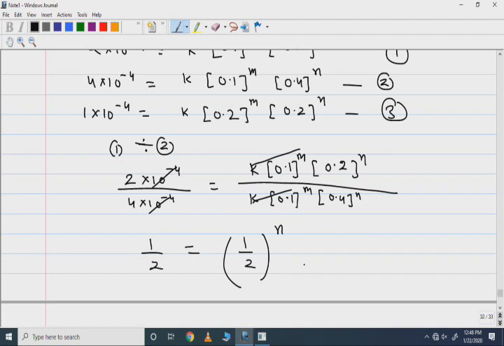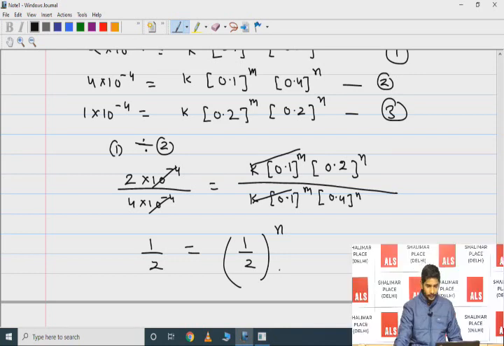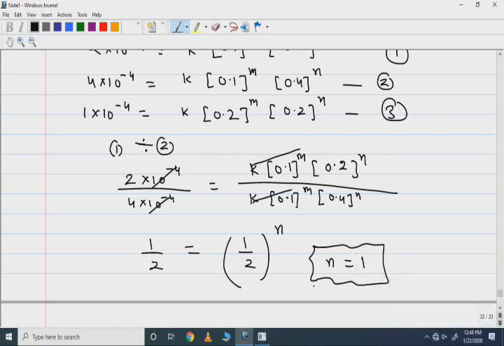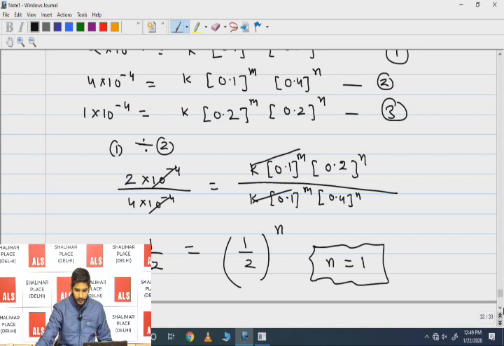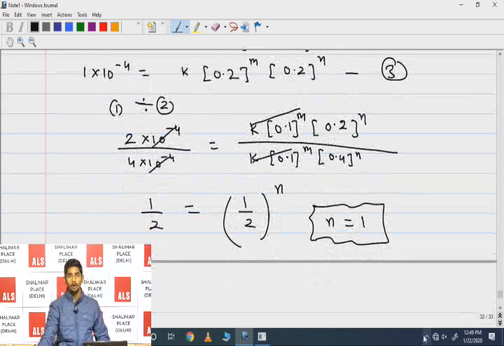Now what should be the value of n so that LHS becomes equals to RHS? So if I put n is equals to 1, then the value on the left hand side would become equals to the value on the right hand side. So I can conclude that the order with respect to n should be 1.